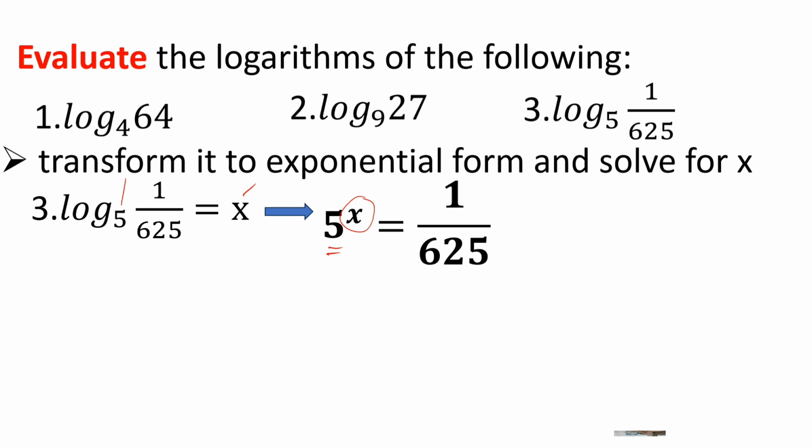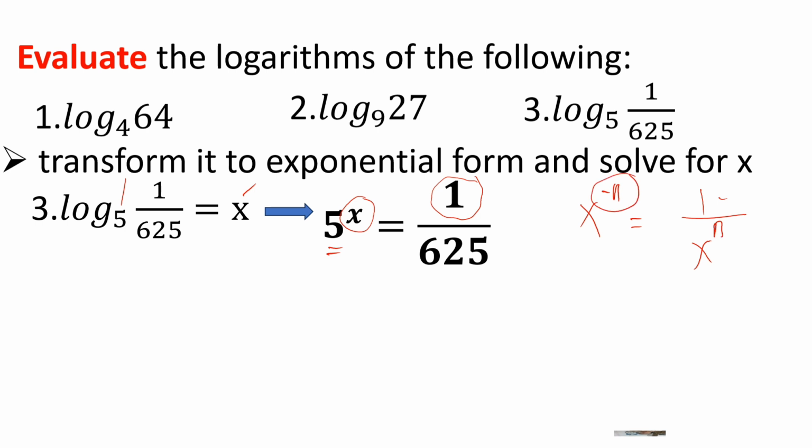We know that 625 can be expressed with a base of 5, but since there is a 1 as our numerator, we remember the law of exponents: a number to a negative exponent is expressed as 1 as the numerator, with the base as the denominator, and the negative n becomes positive n.